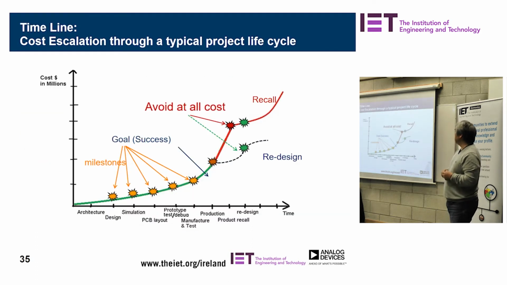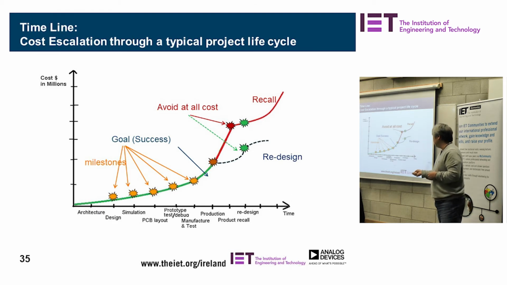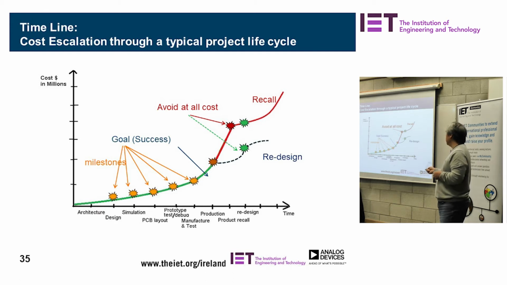Okay, so here's the time scale. Here's the cost, and here's the development time. I call these milestones. So you design, simulate, and go through a PCB layout. You hit those milestones, and if it doesn't work out in production, you try to avoid all the costs of a recall. Otherwise, the cost escalates dramatically.